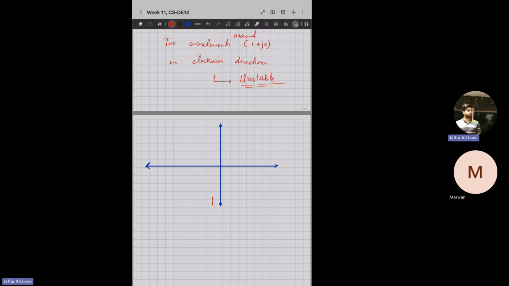So I'll start from somewhere here and order is 4. So my polar plot will be something like this. And my inverse polar plot will be something like this. Okay, so this is my inverse polar plot, and I could not draw it accurately.